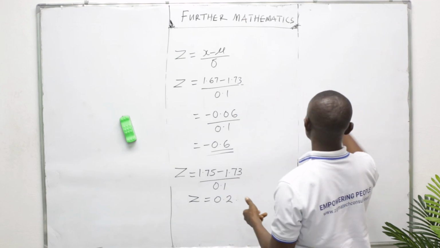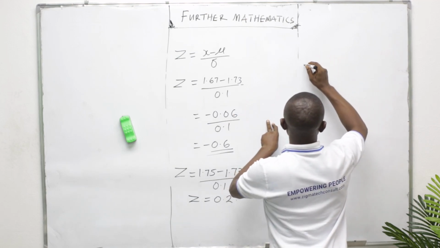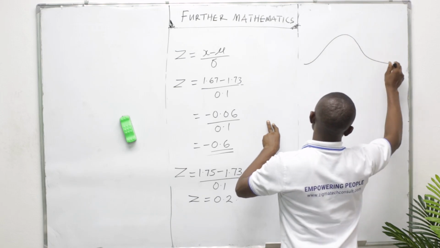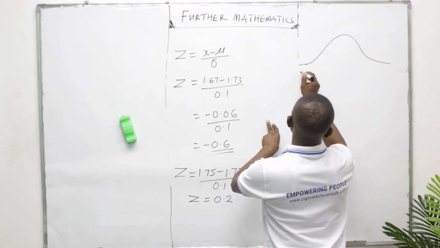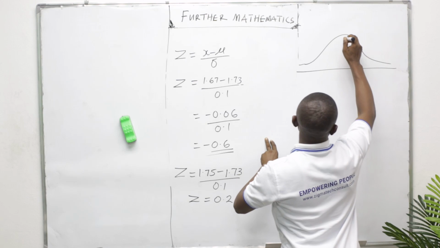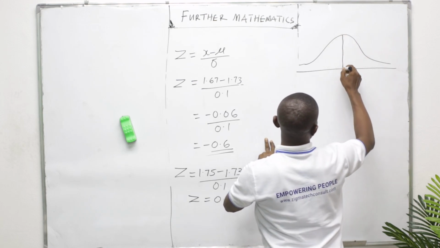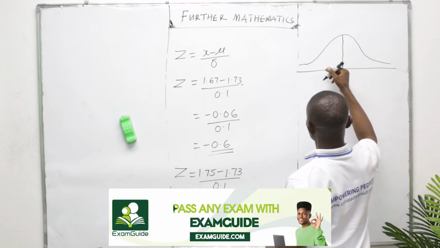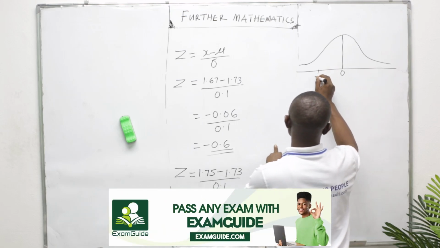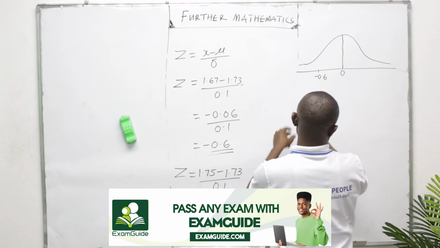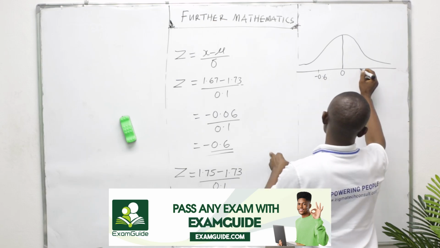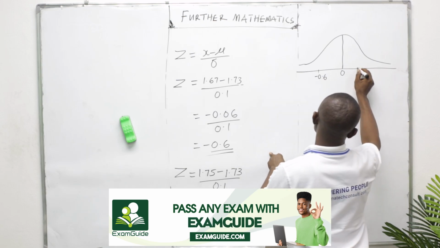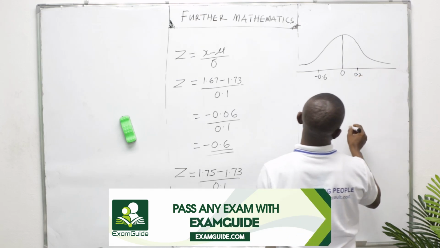We are drawing the best shape we know to exist, like this. Remember, this is the center, the 0, 0.1, 0.2, 0.3, whatever. Maybe 0.6 can be here, while 0.1, 0.2 can be here.